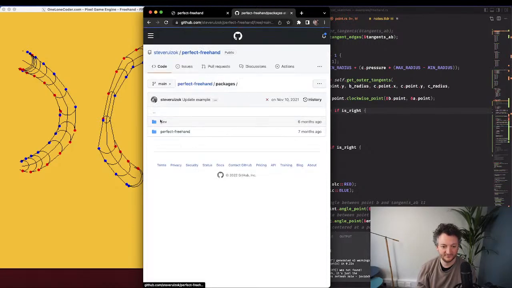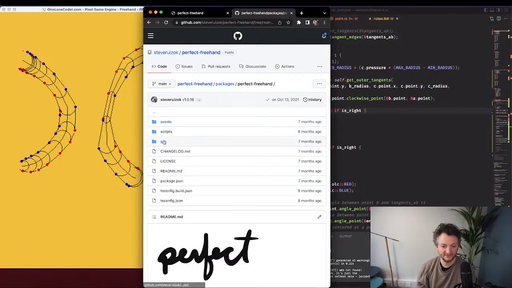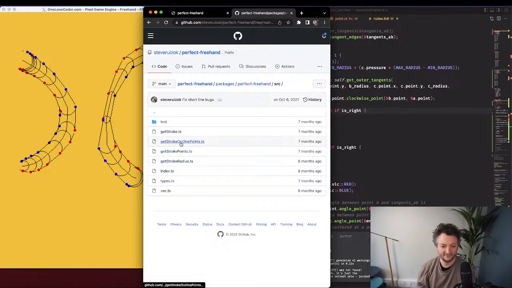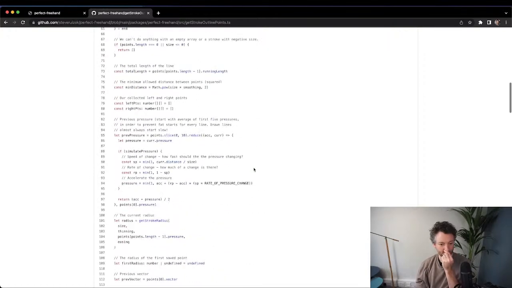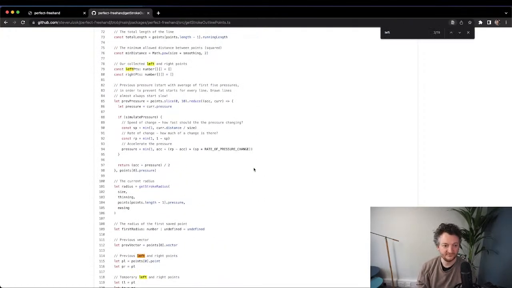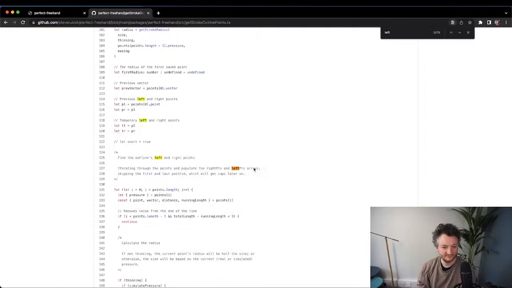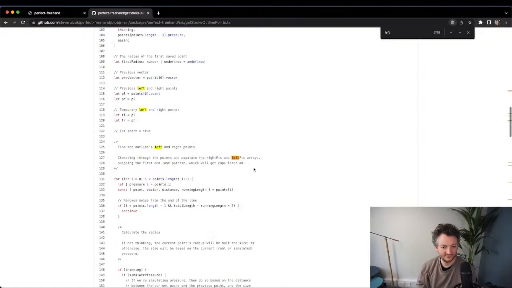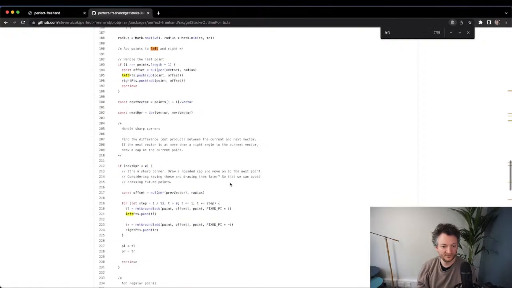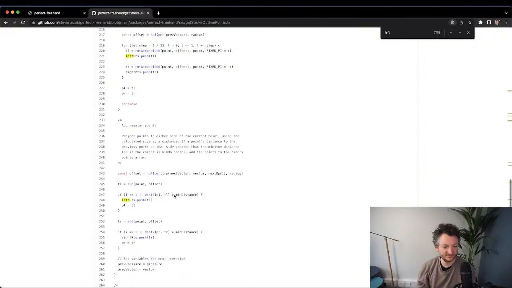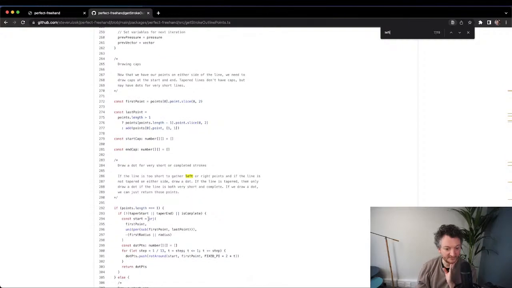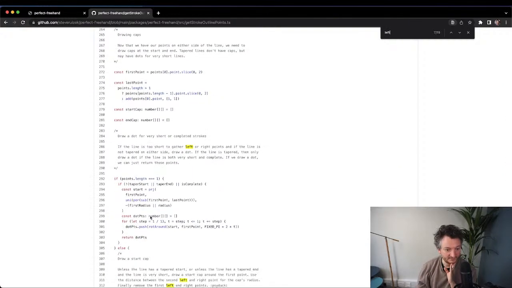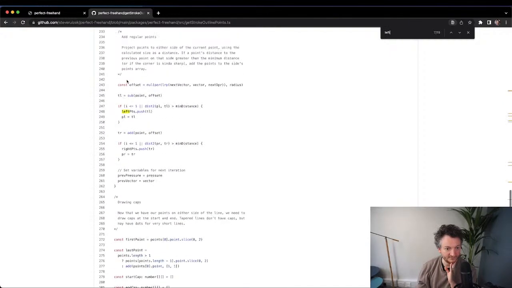Perfect freehand. Source. Get stroke outline points. Left. So when I curve and I draw like a sharp corner, you know, those are caps.